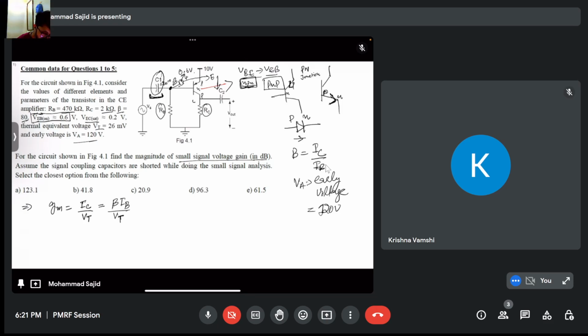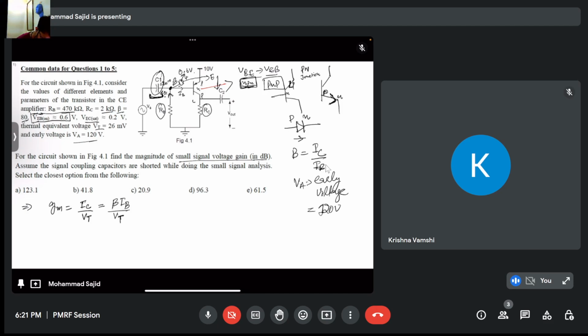Now, if the current IB flows in this direction, since there is zero DC current in this path, this IB has to flow in this direction, right?